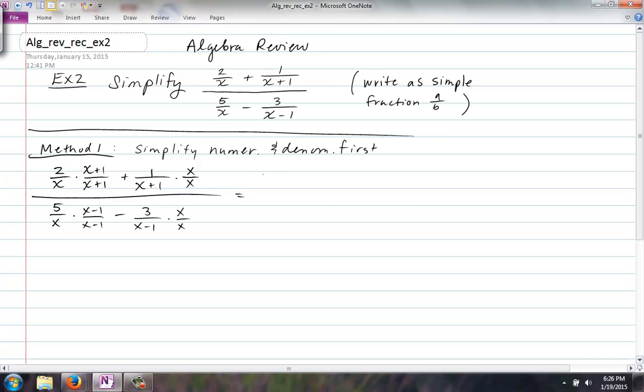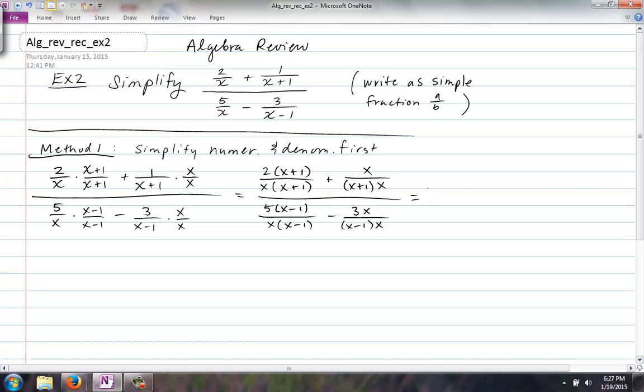Actually doing that now, we have 2 times the quantity x plus 1, just to show that we're going to have to distribute that 2 in a minute. 1 times x is just x. Looking at the bottom, we have 5 times the quantity x minus 1 over x times x minus 1, minus 3x over x minus 1 times x.